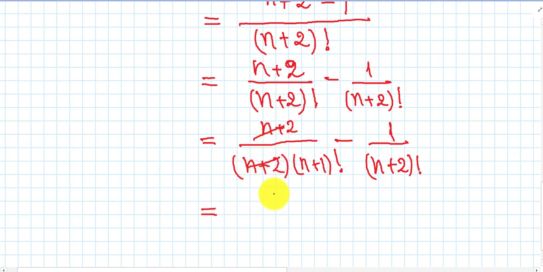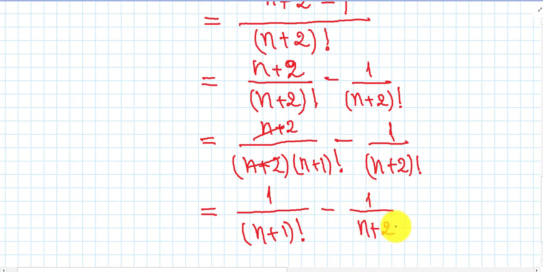We get 1 over n plus 1 factorial minus 1 over n plus 2 factorial.